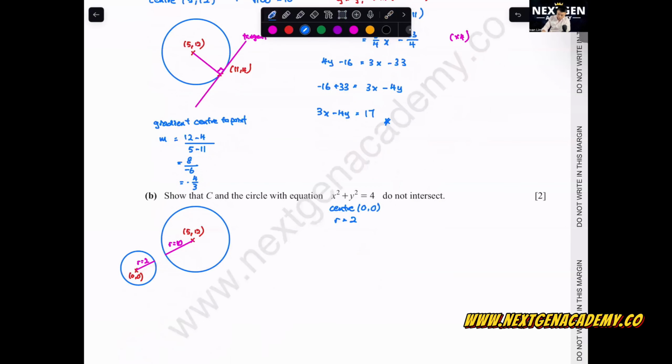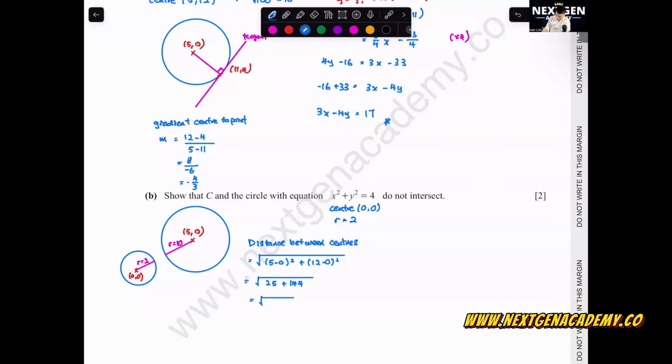The distance between the centers, we are going to use the length formula. Square root of 5 minus 0 squared plus 12 minus 0 squared. 5 squared plus 12 squared, 25 plus 144.